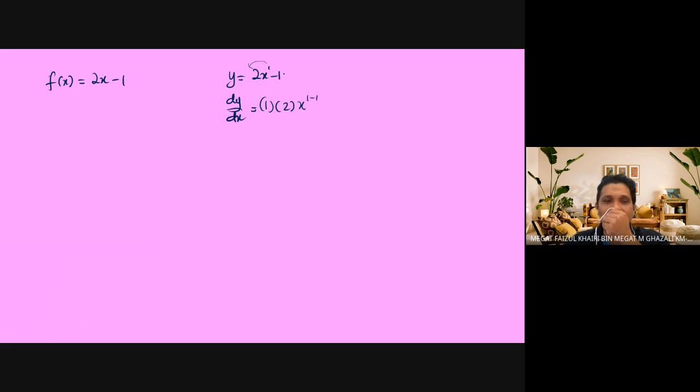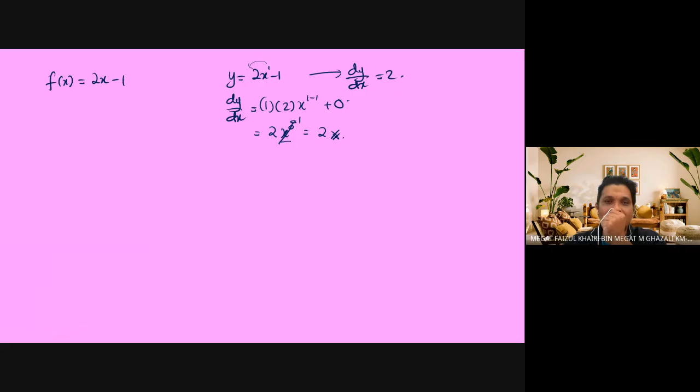Since there is no x in the last term, it is just a constant, so it straightly becomes 0. So 1 times 2 equal to 2, x to the power of 1 minus 1 equal to x to the power of 0, which becomes 1. Finally the result is 2. So y equal to 2x minus 1, then dy dx equal to 2.